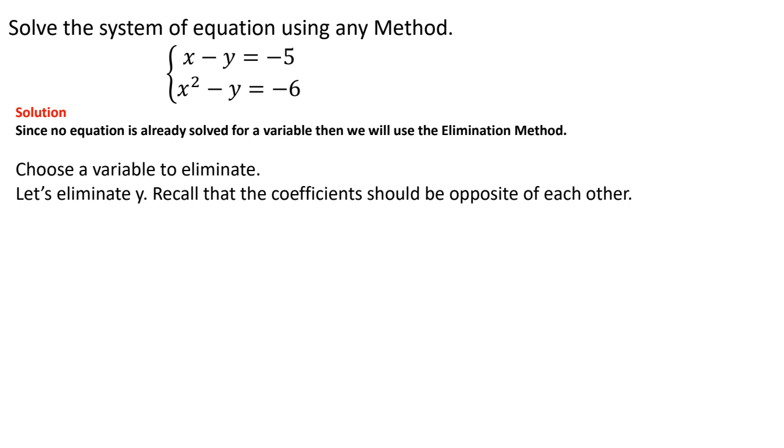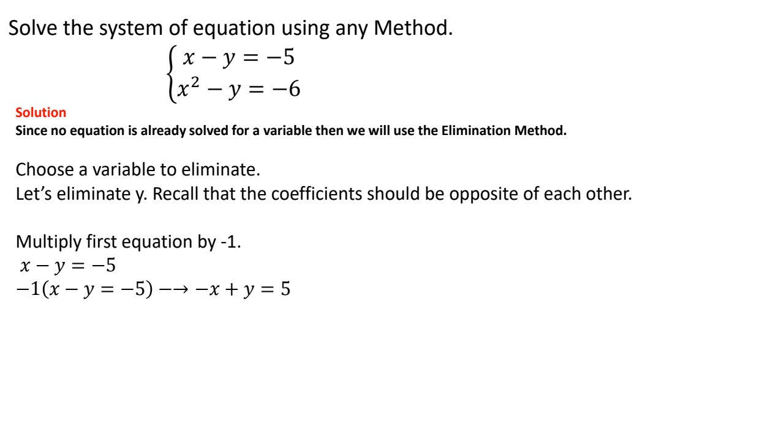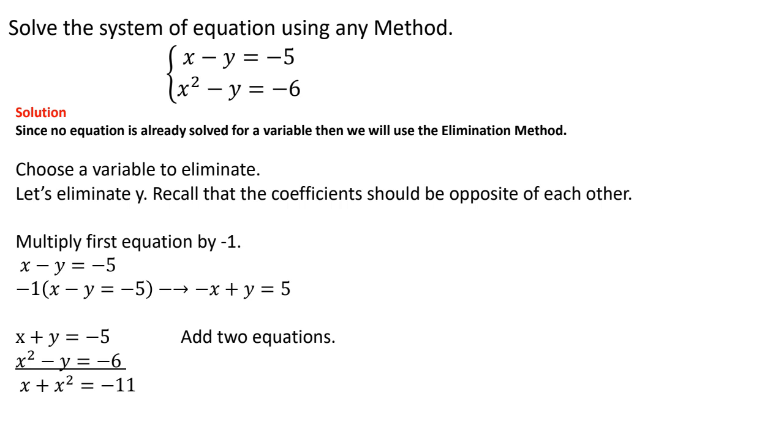So what I'm going to do is multiply negative 1 to equation 1. And when I do that, I get negative x plus y equals 5. So now I can add these two equations and my y's are going to get eliminated. So when I add negative x plus y equals 5 with x squared minus y equals negative 6, see my y's cancel, but I get x squared minus x is equal to negative 1.